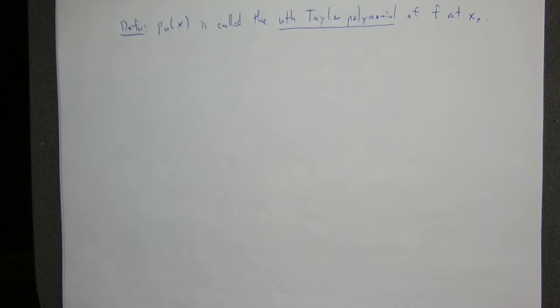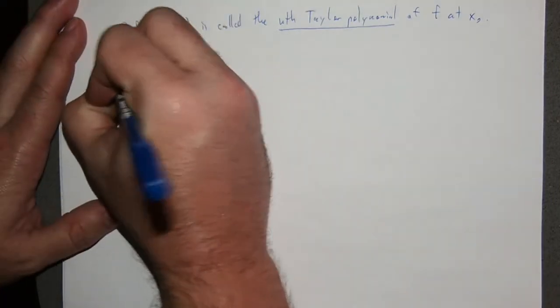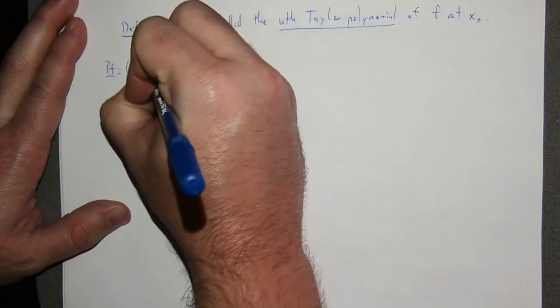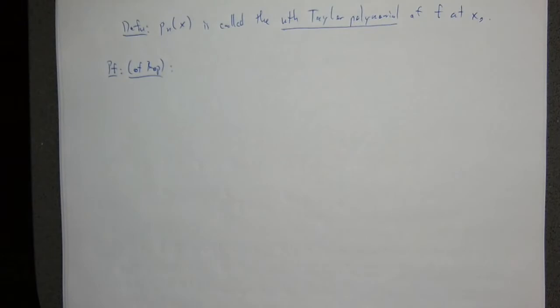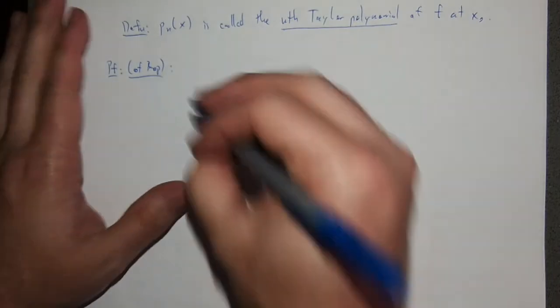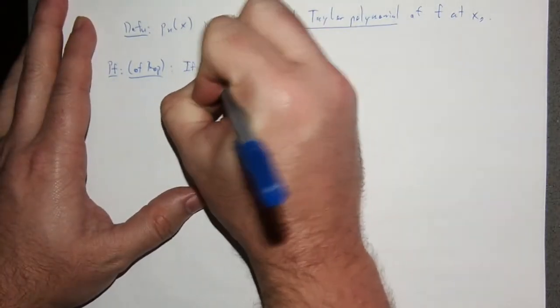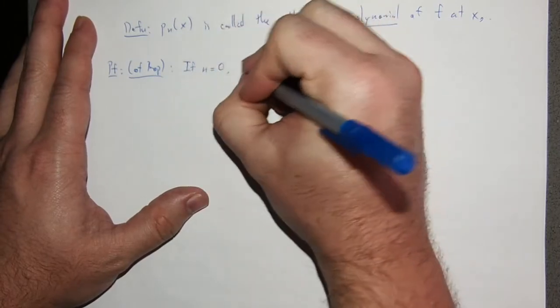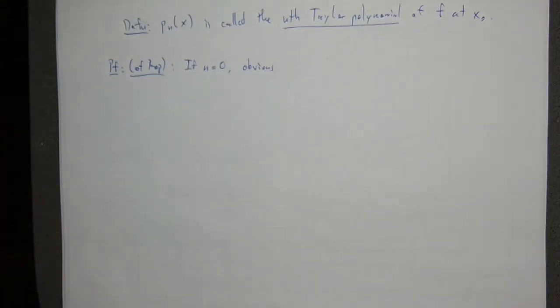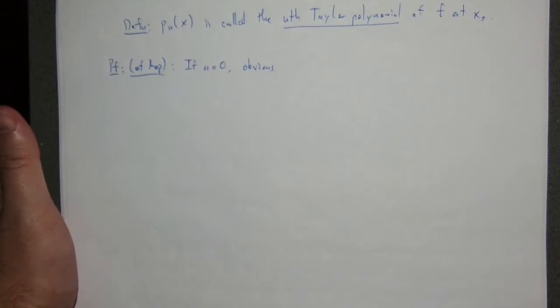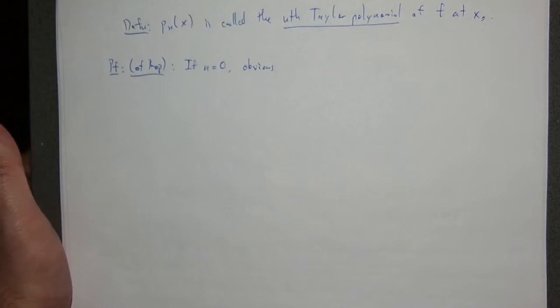Okay, so quick proof of the proposition. The proof is as follows. If n is equal to 0, it's obvious. Think about why that is. If n is equal to 0, then there's not a whole lot of freedom you have in your choice.